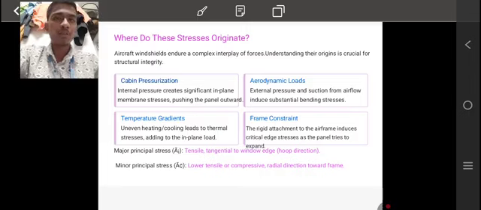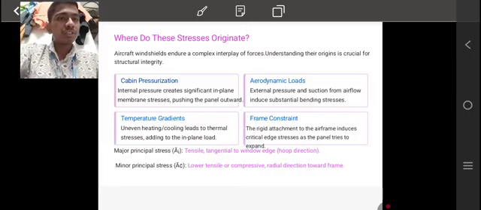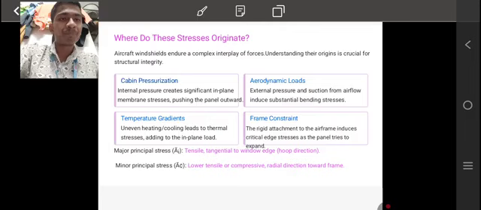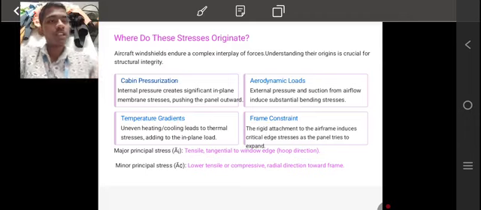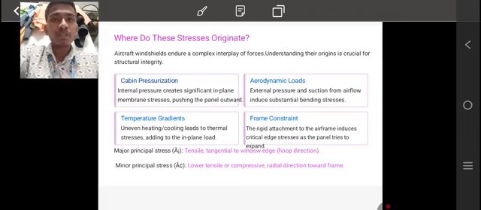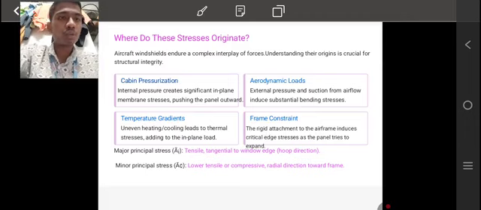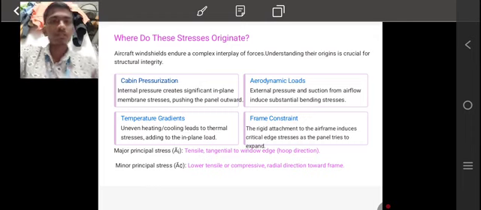Second is aerodynamic load: external pressure and suction from airflow inducing substantial bending stress. External pressure due to airflow exerts pressure on the windshield, which creates bending stress.